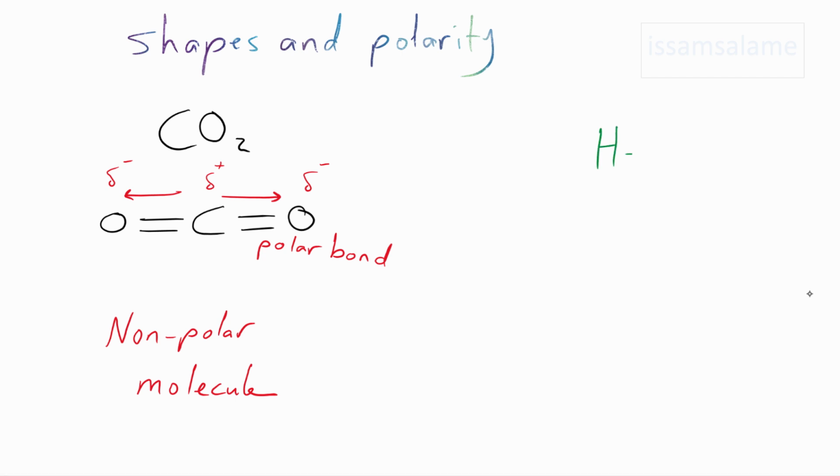While on the other side, if we look at the water molecule, the bond between oxygen and hydrogen is also polar, and since oxygen has a higher electronegativity, the electrons are going to be closer to the oxygen, and hydrogen is going to be partial positive and oxygen is going to be partial negative. But here we have something different than in carbon dioxide.